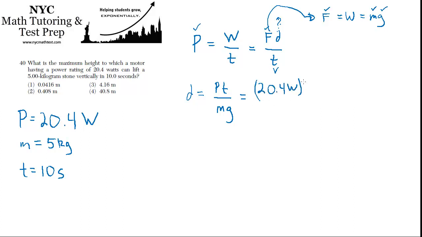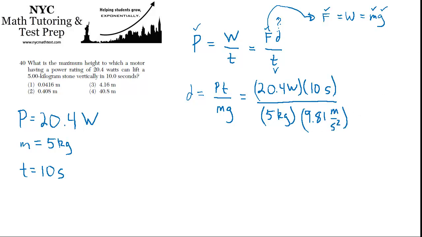And the time is 10 seconds. And that's being divided by a mass of 5 kilograms. And also by the acceleration due to gravity, which is 9.81 meters per second squared. And let's plug that into the calculator.